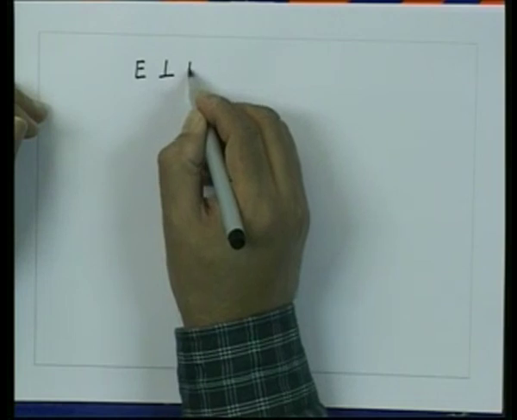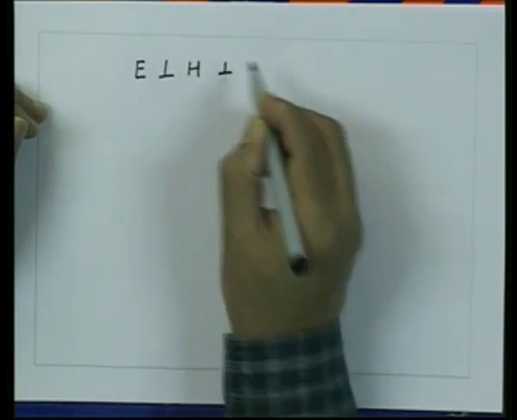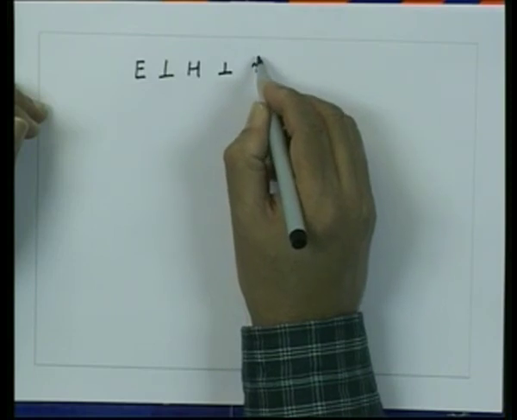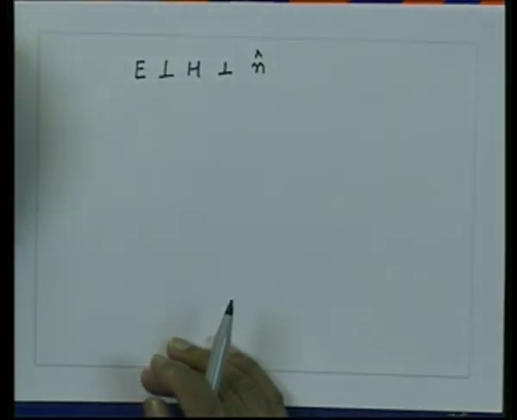So, these are the properties we are going to use to establish the uniform plane wave nature for these fields. Essentially we have to show that E is perpendicular to H and is also perpendicular to the direction of the wave, which we denote by the unit vector n.